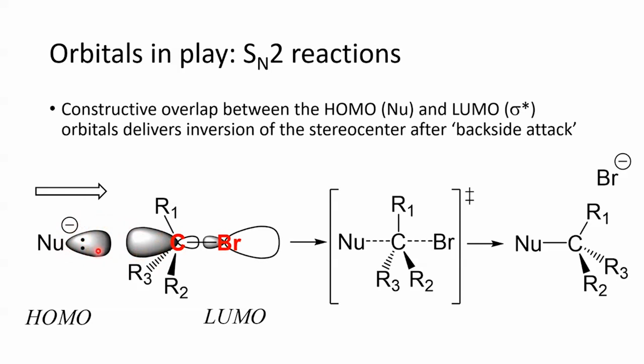So effectively, the orbital of the nucleophile is stabilizing the anti-bonding orbital in the transition state. Because this anti-bonding orbital is being stabilized, the attractive force holding the bromine and the carbon together effectively nullifies or disappears. The bromine is going to leave, while a new bond is going to form here.